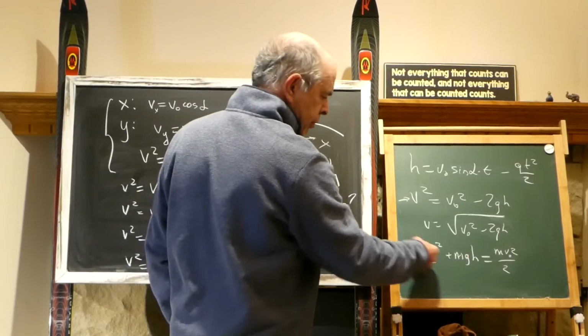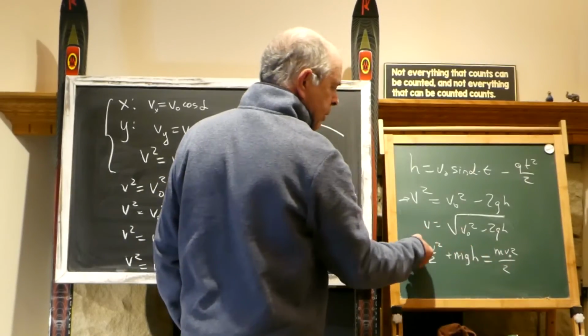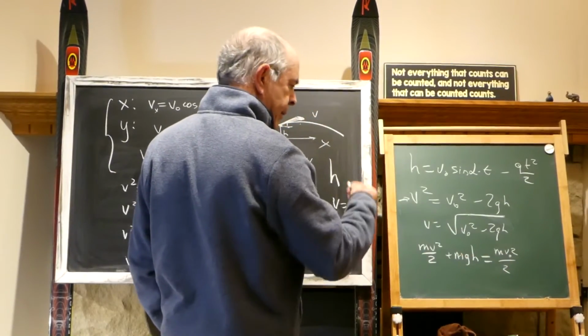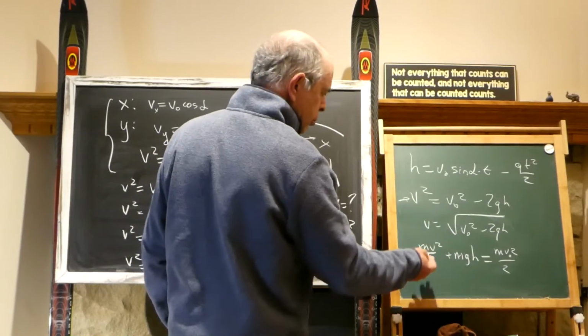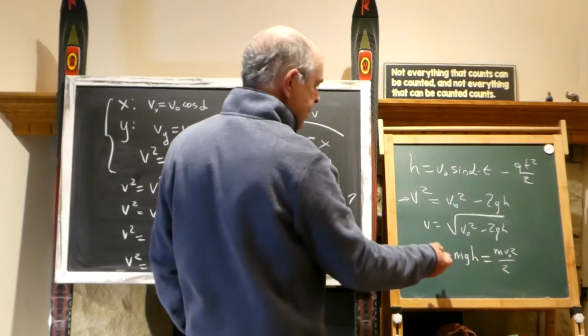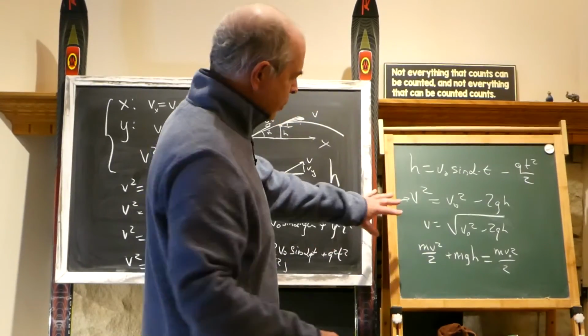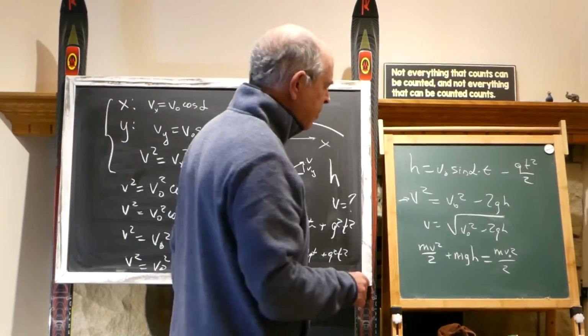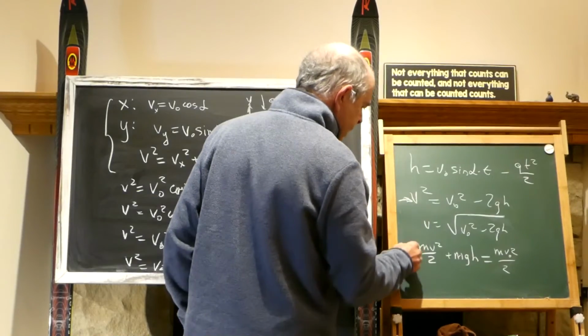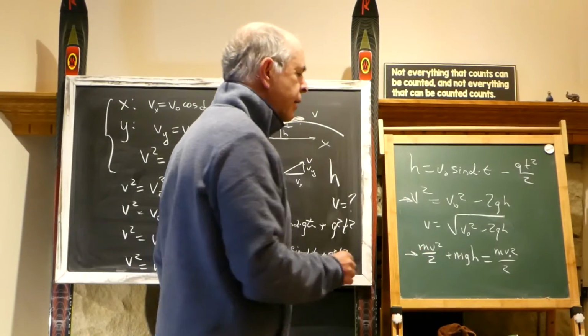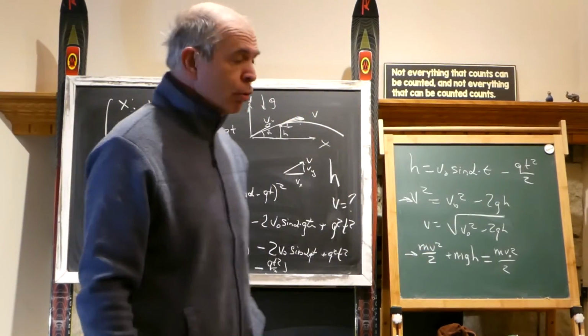And if you cancel m because it's a common factor, you receive exactly this, and the 2 is this, so I don't want to go into those details, but basically this and this are totally identical from a mathematical point of view.